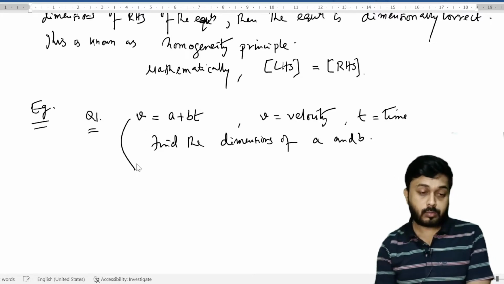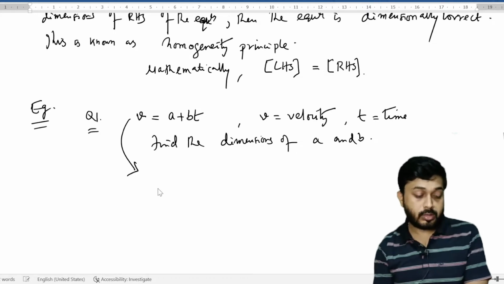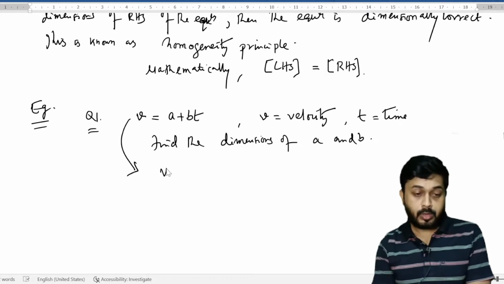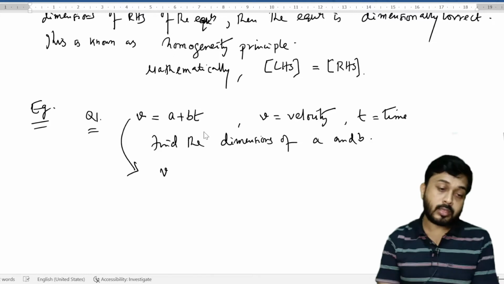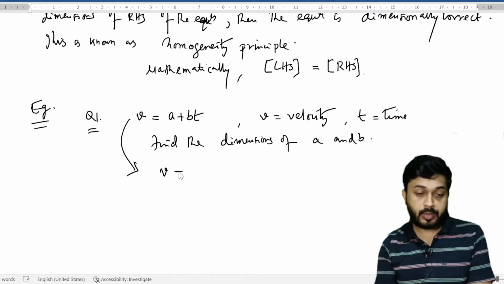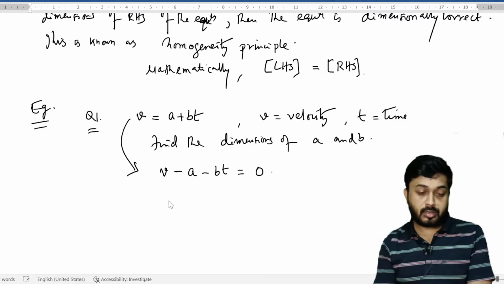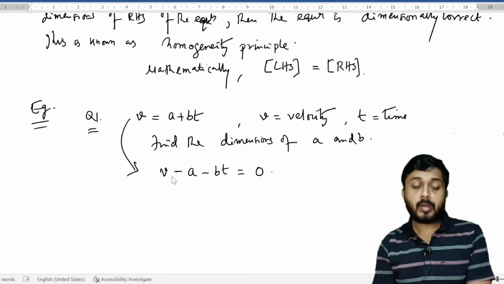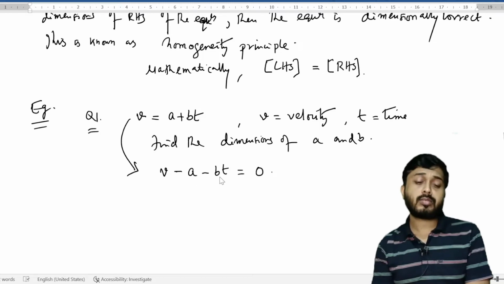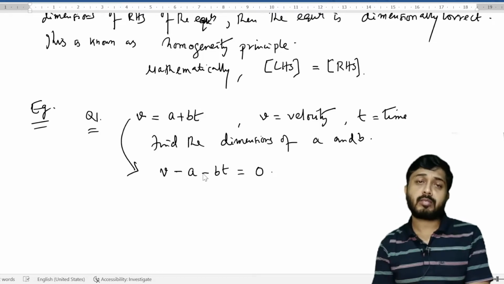Now, how to approach solving this sum? V equal to A plus BT, it is given. So, we can write V minus A minus BT equal to 0. Thus you can write the dimensions of A equal to dimensions of V, because all these terms must have the same dimension.